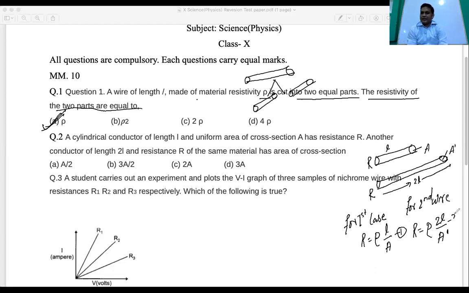You will get rho L by A is equal to rho 2L by A dash. Now 2L by L, and rho, will cancel out, and A dash will become 2A. So the area of cross section will become 2A. This will be the correct answer.